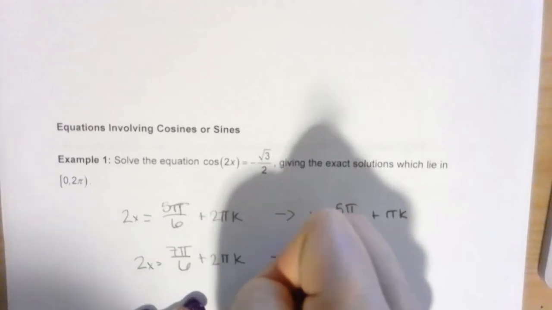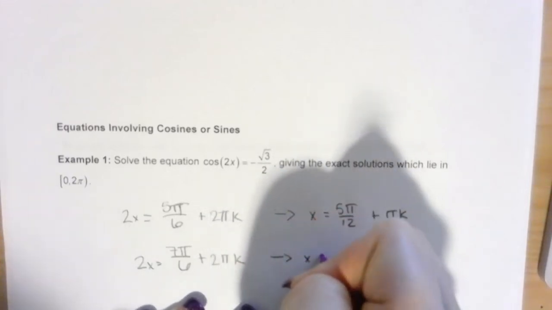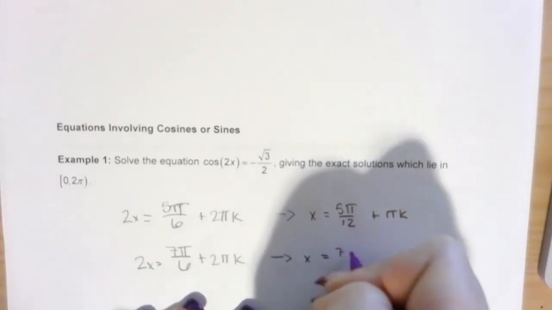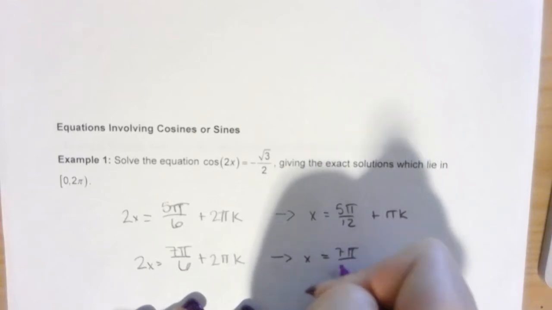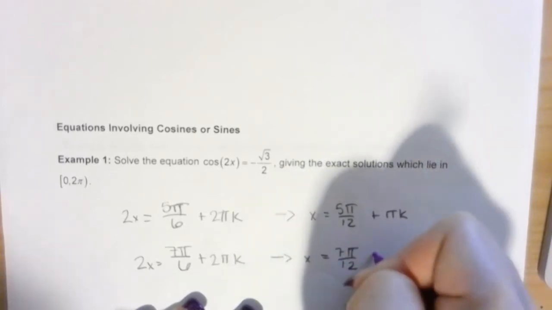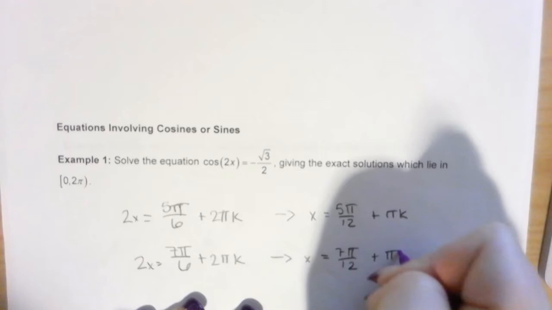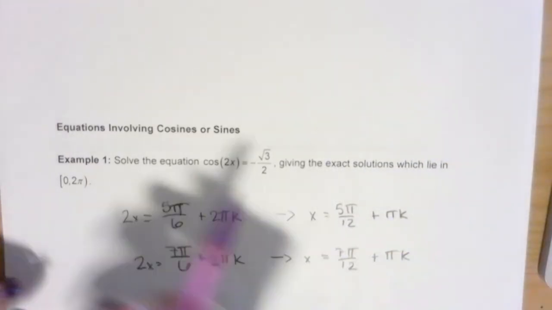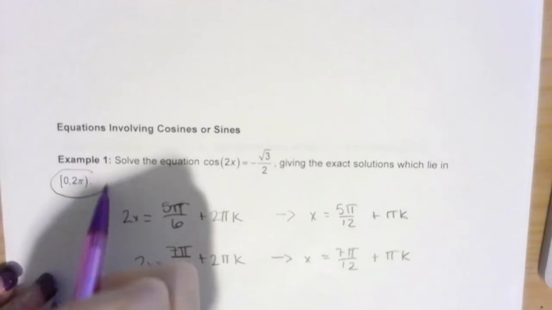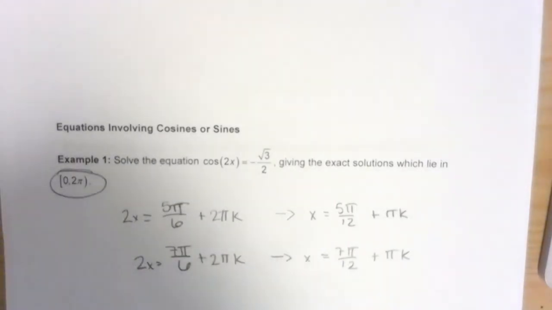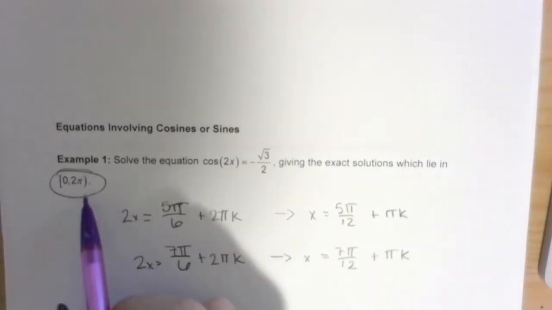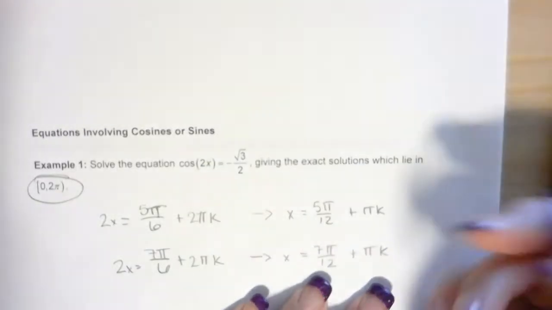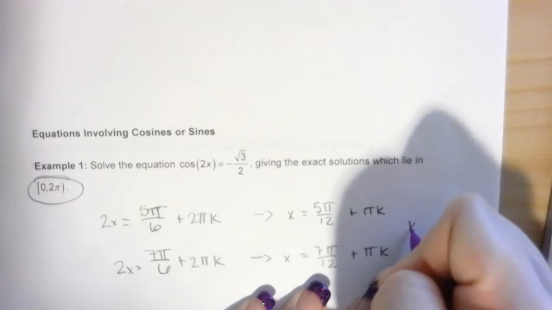And then this one is 7 pi over 12 plus pi k. Now let's remember that we are looking at solutions between 0 and 2 pi, not including 2 pi. Let's think of the values of k that can make this happen.